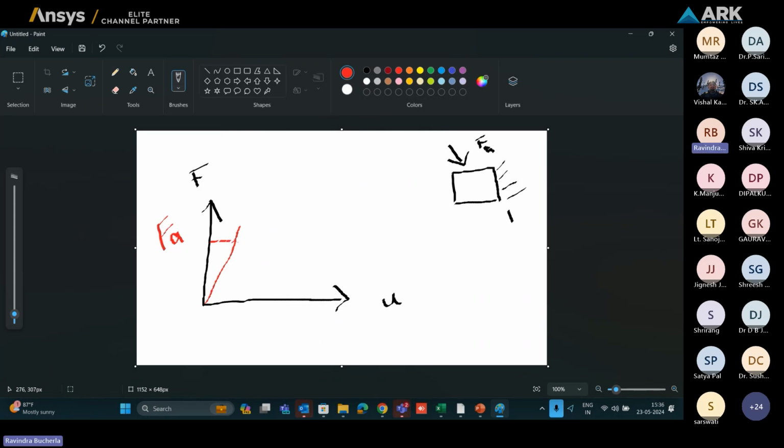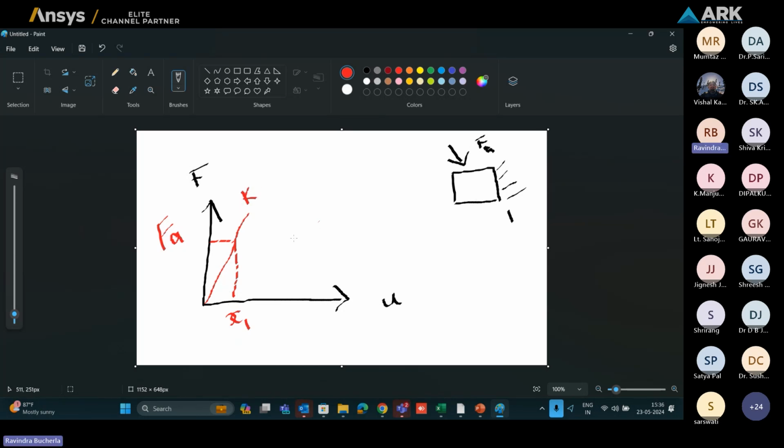Because of this applied force and the stiffness K, we will have the deformation x1. So x1 is the displacement that we get because of the applied force Fa.